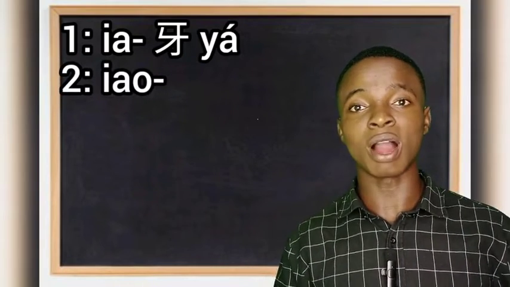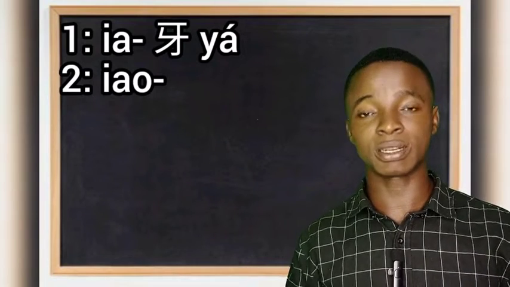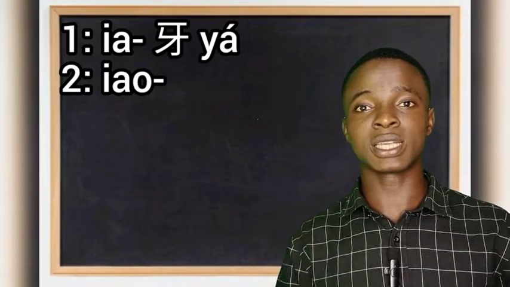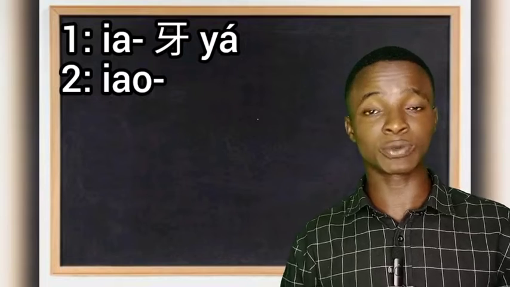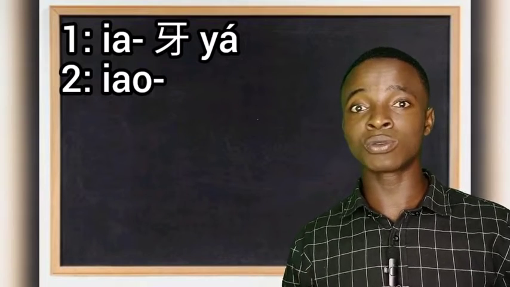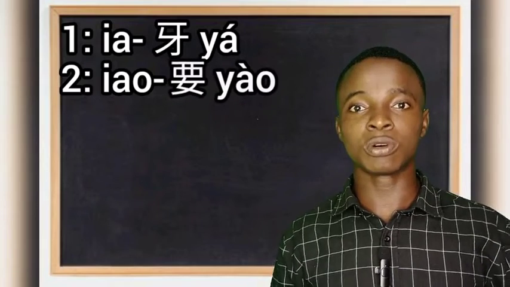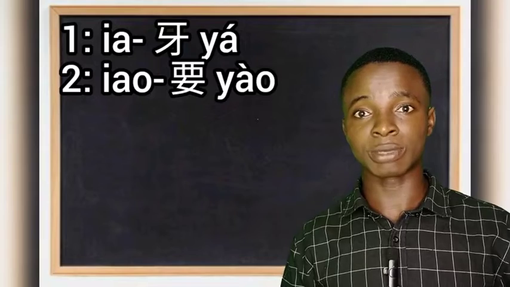The second one we have is yao. Repeat after me. Yao. The i sound must be read before the ao sound follows very quickly. Yao. The Chinese word for want is yao. Repeat after me.